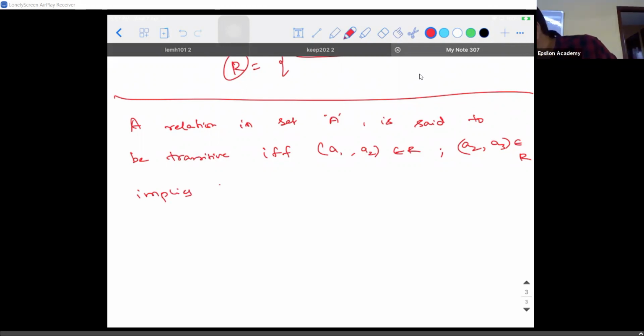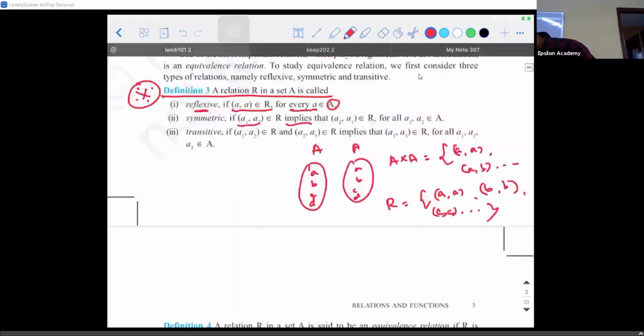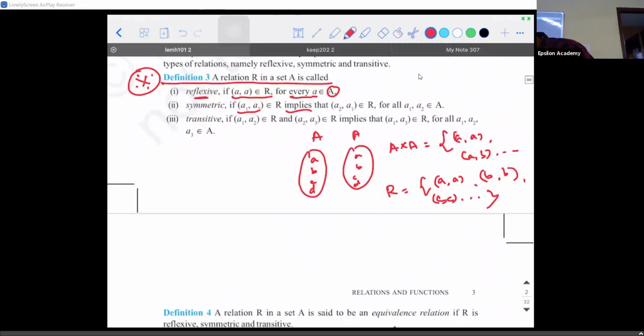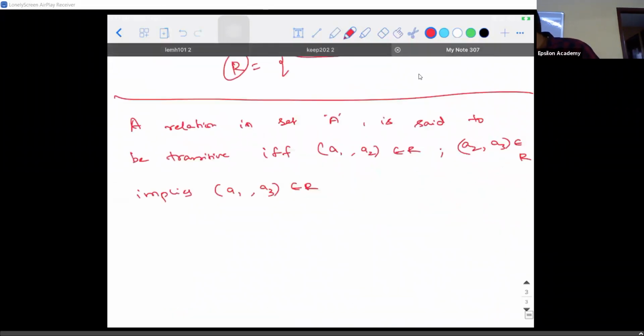Implies A1 comma A3 also belongs to R. Are you able to understand? See, A1 comma A3 belongs to R, where do these elements A1, A2, A3 come from? Obviously, they belong to the input set A.